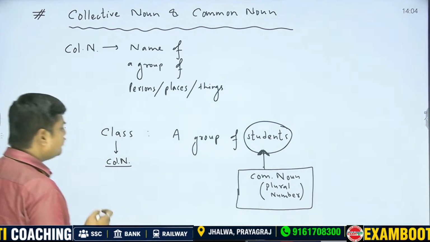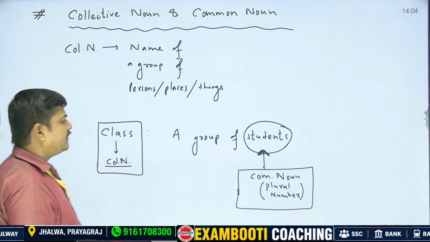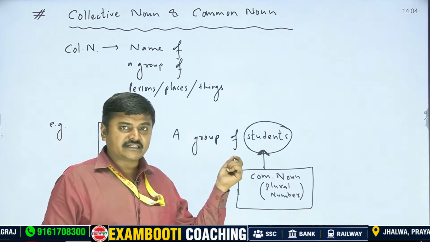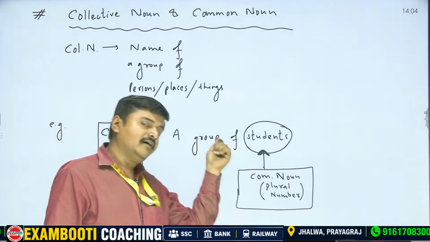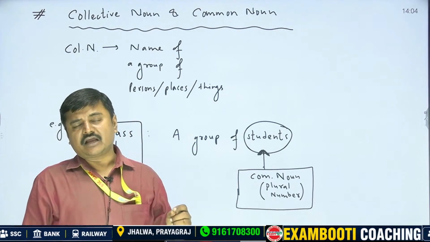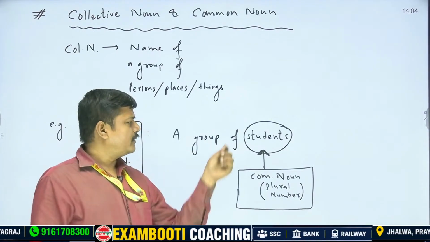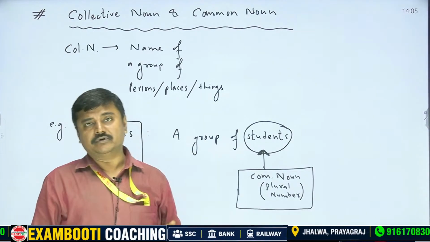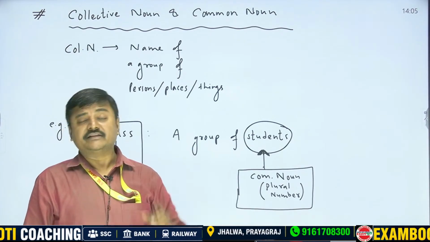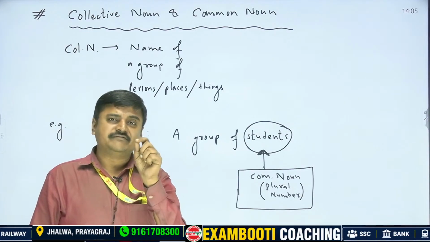It means whenever you see a collective noun, when you write its explanation, you will find a common noun most of the time. Almost 99% you are going to get a common noun that is plural in number. And the name given to that group will be called a collective noun.